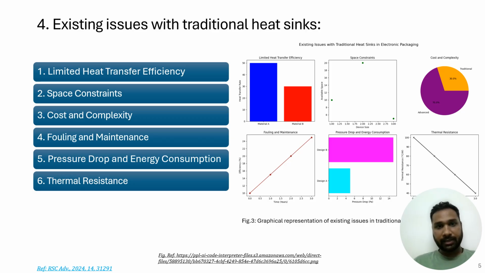You can see these graphs for how the heat transfer efficiency is dependent, and space constraint and cost and complexity between traditional and advanced. Similarly, fouling and maintenance increase almost linearly with time, along with pressure drop, energy consumption, and thermal resistance.